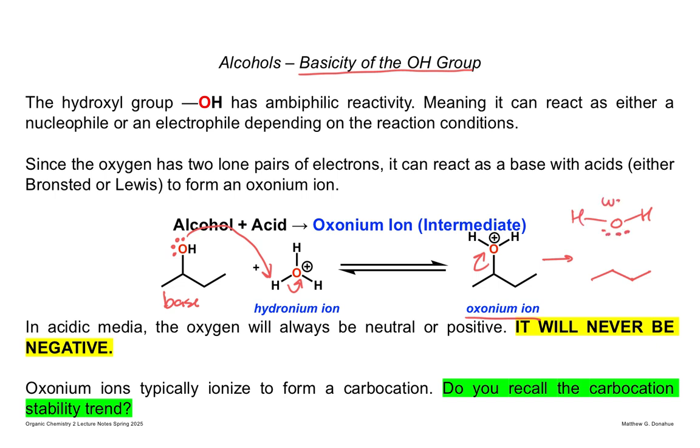So that forms water. And then the plus charge has to be conserved. So it hops over to the carbon. And now this is a carbocation. In the old nomenclature, it used to be called carbonium ion. So things that end in IUM are typically positively charged.